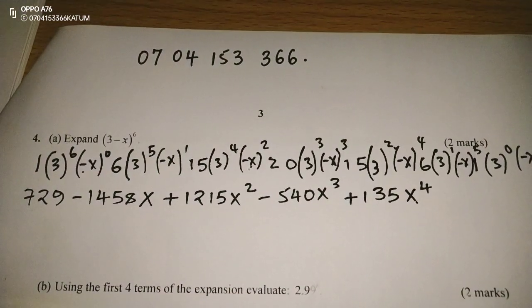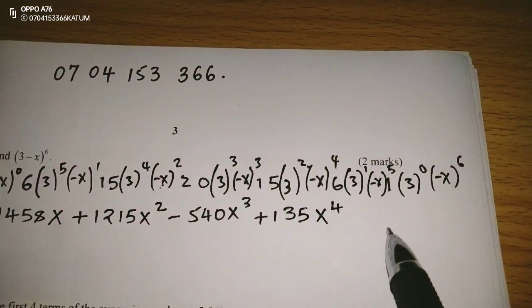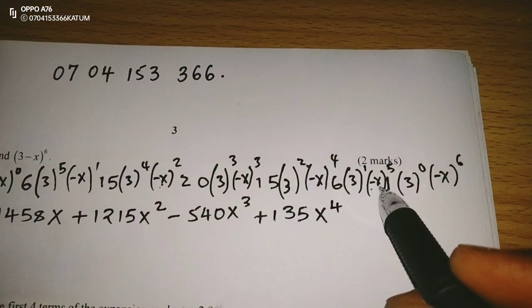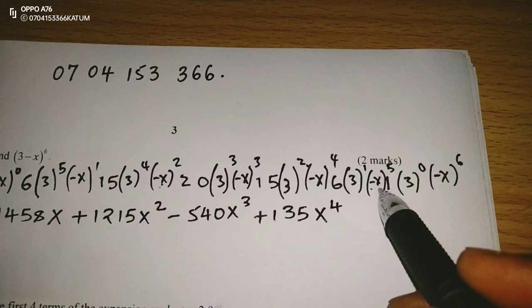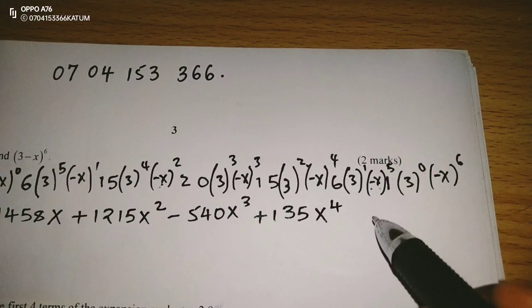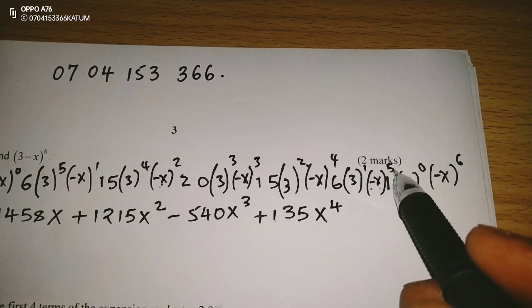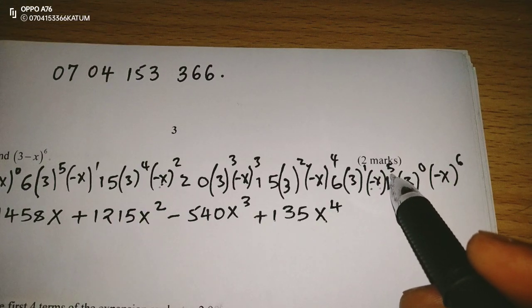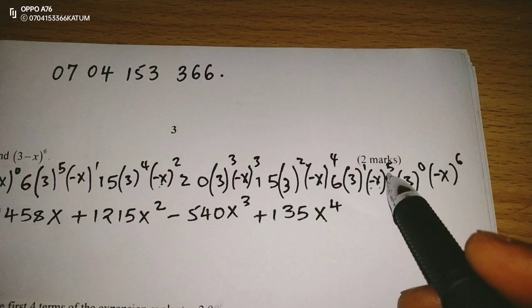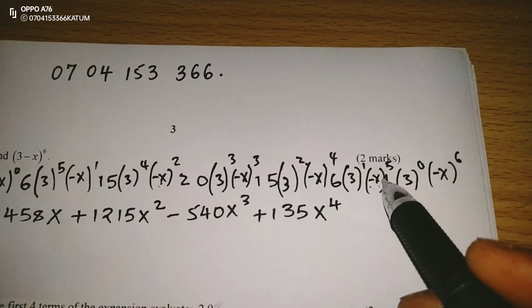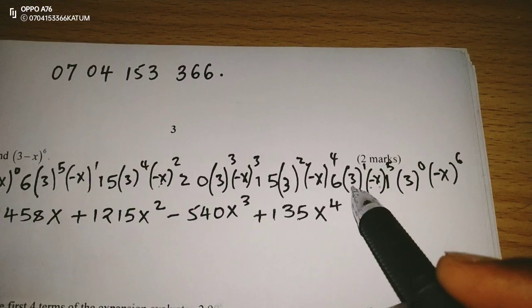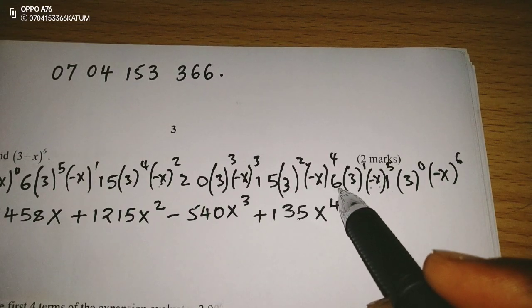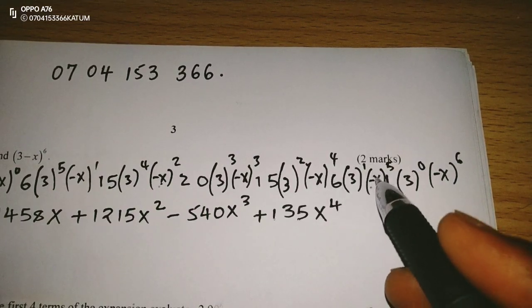The next is going to be negative x power 5. That is because the powers are odd. The powers being odd, it means for every negative x, there are not enough negative x's to cancel it. Therefore, 3 power 1 becomes 3, and the coefficient here is 6. So 6 by 3 is 18.